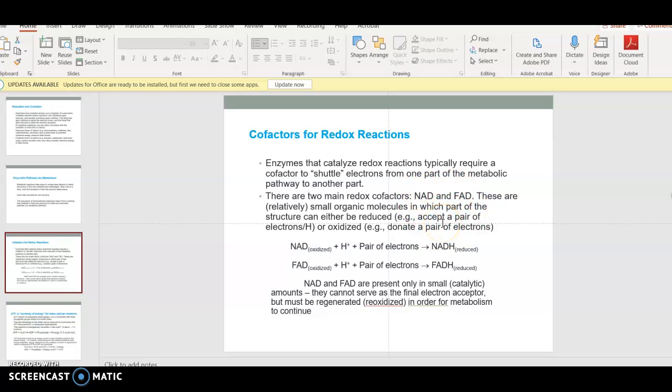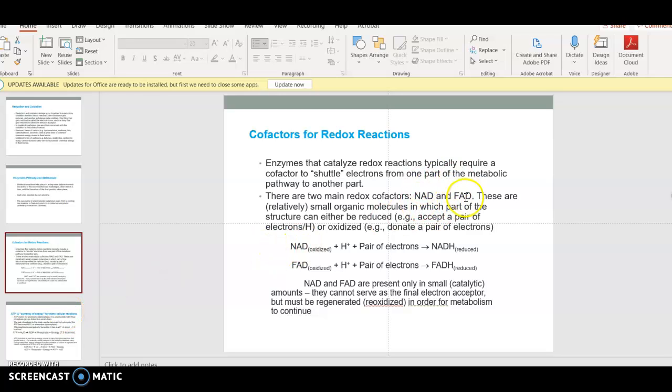They must be recycled in order for the cofactors to catalyze the reaction again. That's why we see a lot of this being recycled, so that other reactions can be done.